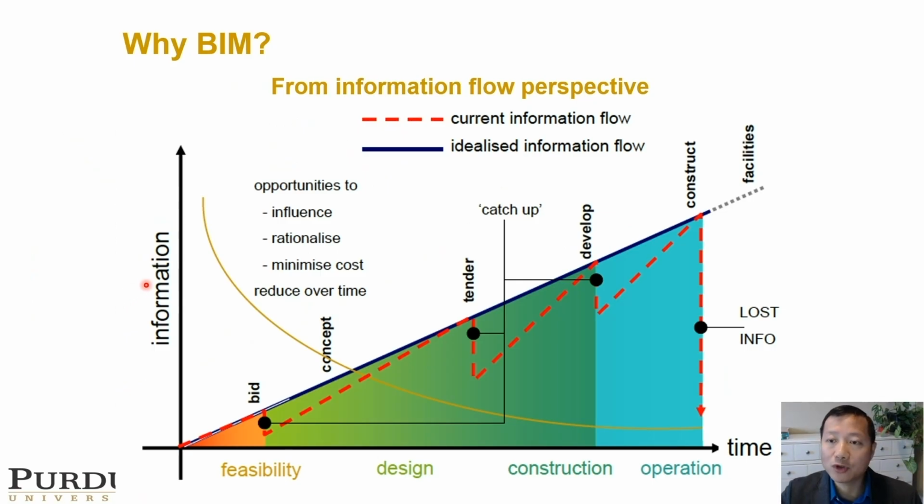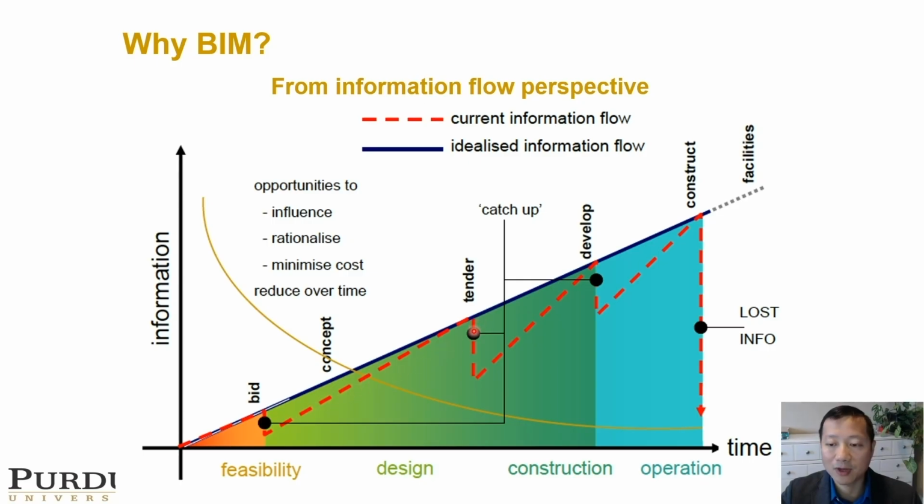So from the information flow perspective, during every milestone stage, what we end up seeing is a drop or a plummet. That means some information that we have accumulated over time gets dropped off, and then when the second phase comes up, it has to climb up again, right?